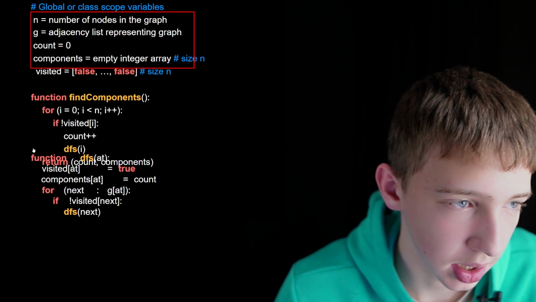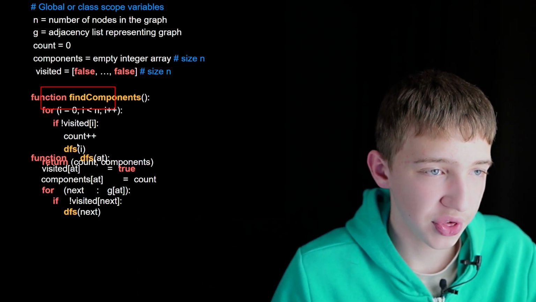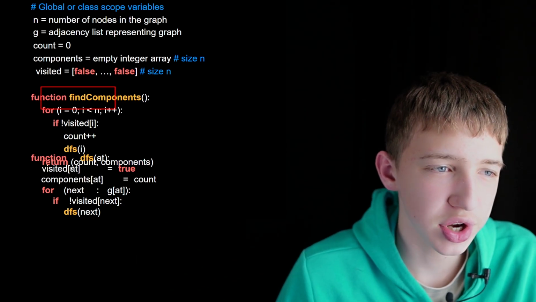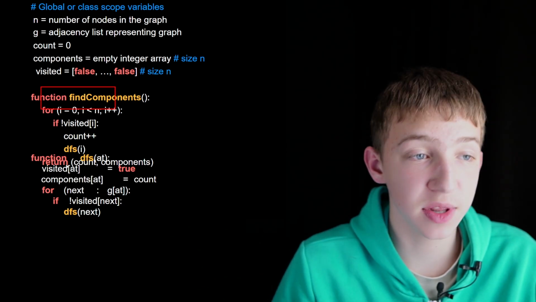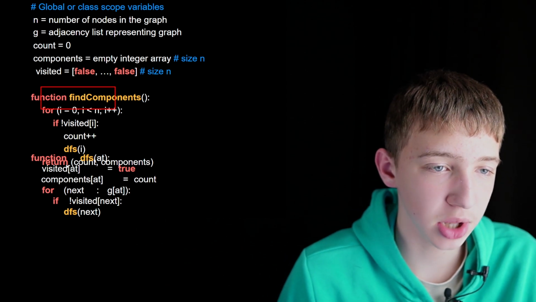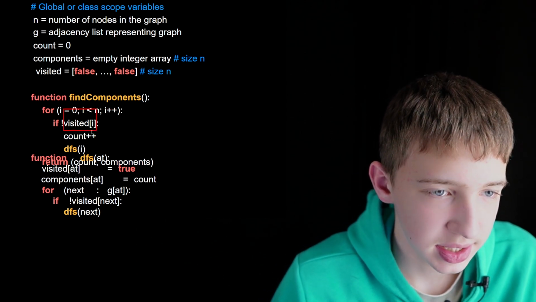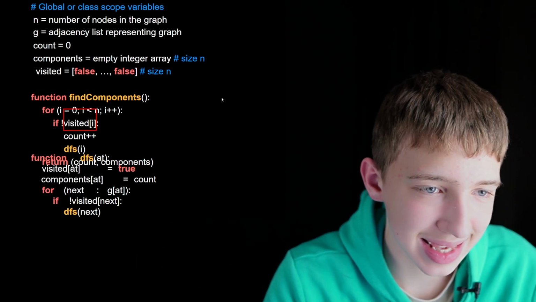All right. So next, let's look at the find components method. We're looping through every node, and if the current node has not been visited, then we're executing some logic. This logic is just incrementing the count.